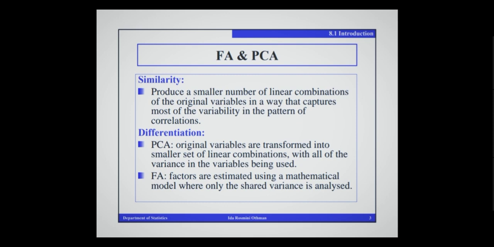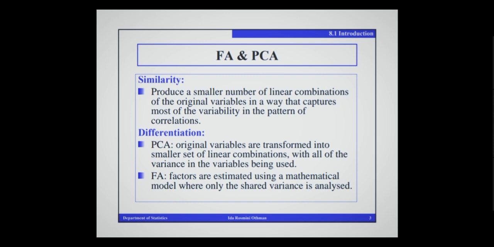Okay, difference between these two adalah, okay, principal component analysis. Original variables are transformed into smaller set of linear combination with all the variance in the variable being used. Kita akan gunakan all the variance will be importance. Untuk factor analysis, factors are estimated using a mathematical model where only the shared variance is analyzed.